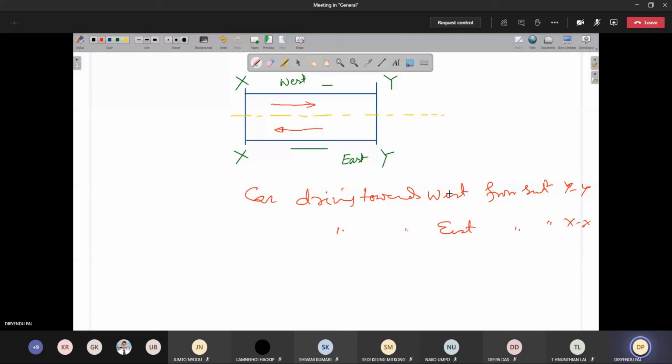Same thing I have written: car driving towards west from section YY and towards east from section XX.